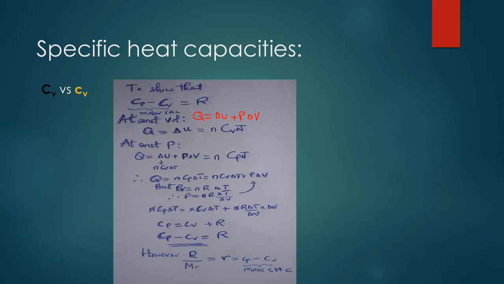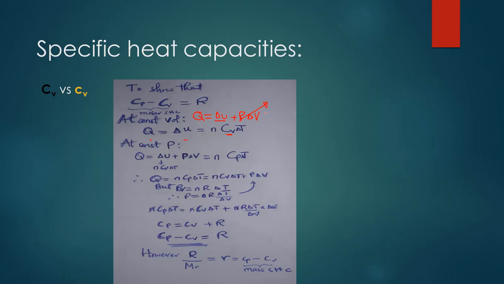So at constant volume there is no change in volume, so all the quantity of heat is converted into internal energy. So Q is equal to the internal energy, but you know I said that specific capacity is the amount of heat required to raise 1 mole of a gas by 1 Kelvin. So if you take number of moles times molar specific capacity times change in temperature you get the amount of heat.